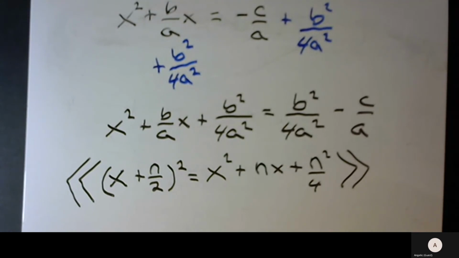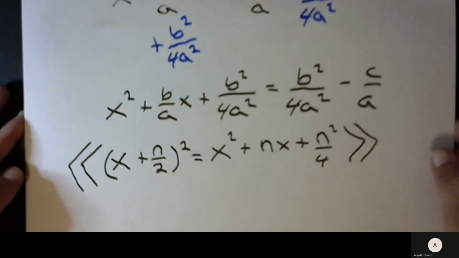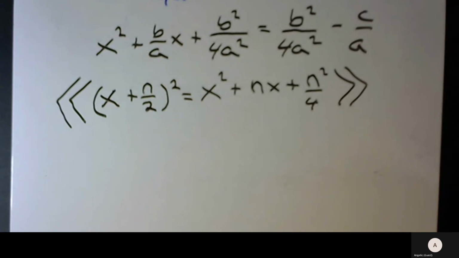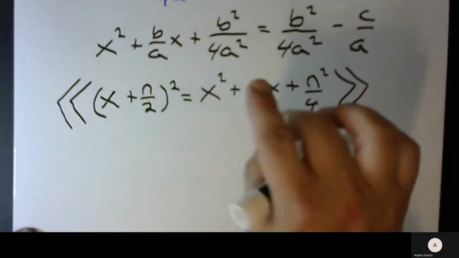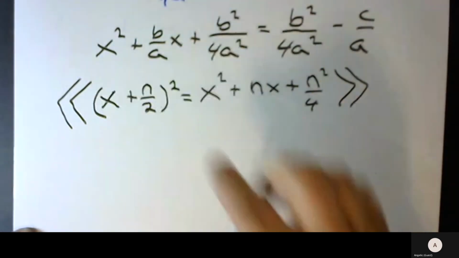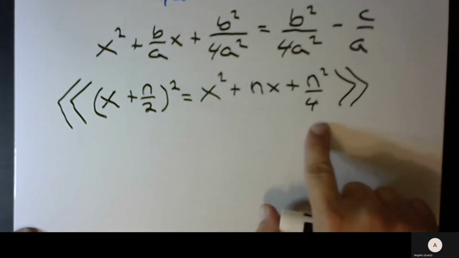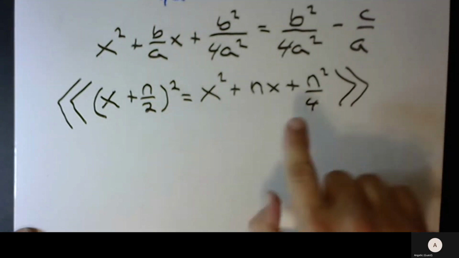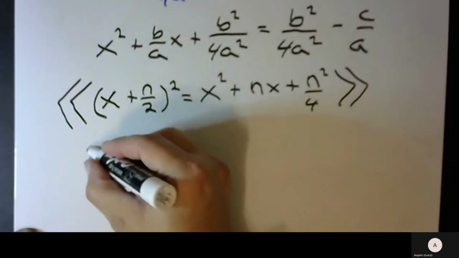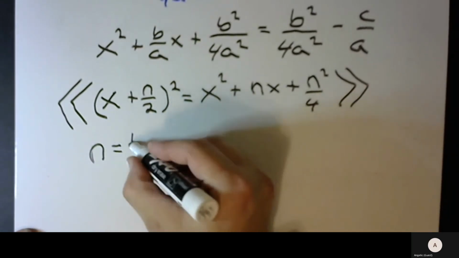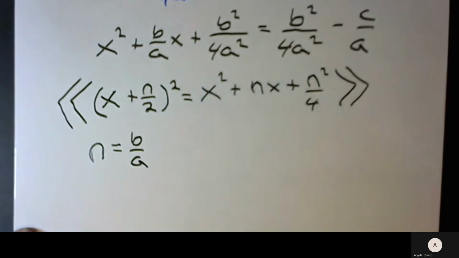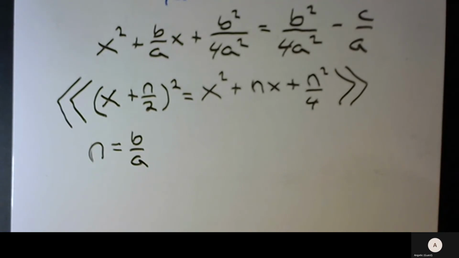And again, this is kind of an advanced trick. What we're going to do is take this and rewrite it in this form. We're going to start with this and go backwards. So instead of n for us, n will be that fraction b over a.